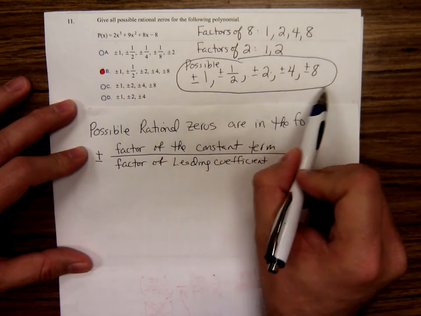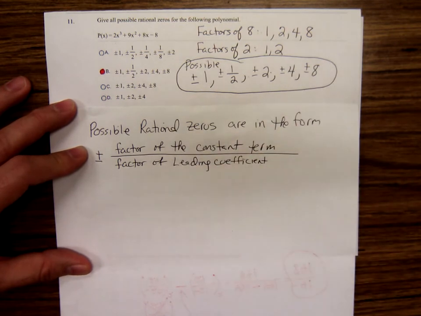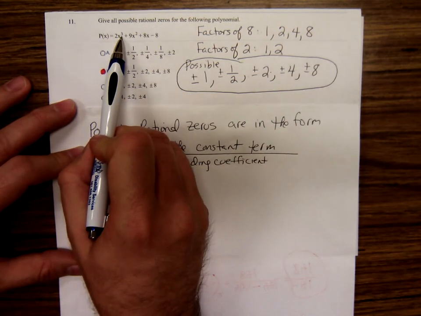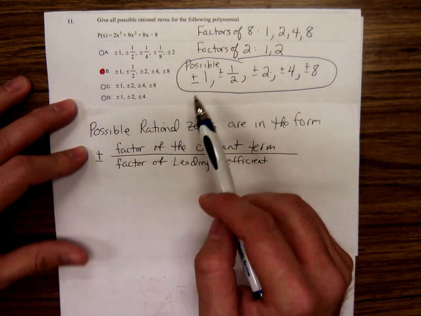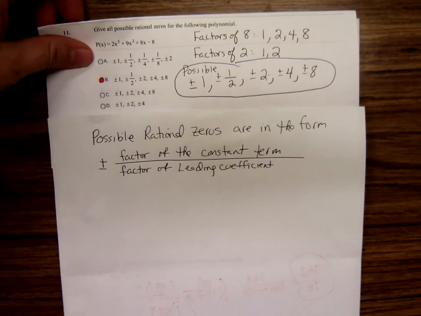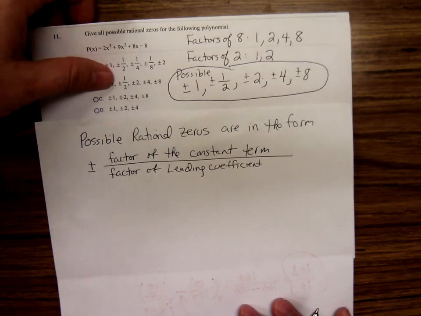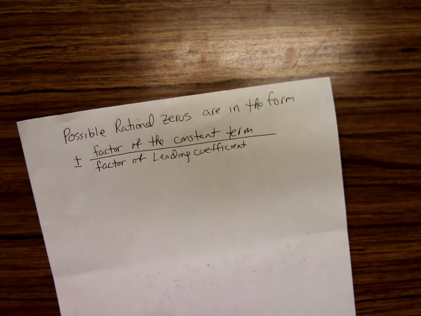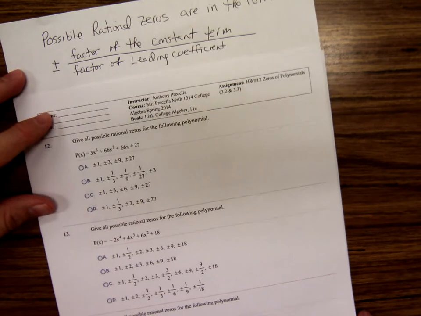So we got 10 possible rational zeros. There can't be that many. There should only be 3 zeros, but here are the only possible rational ones. And so you can either do synthetic division or just plug in until you find 3 of them that give you 0. If you find 1 of them, then you can do synthetic division the way we did on some of the other problems.